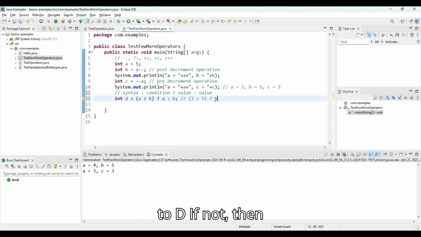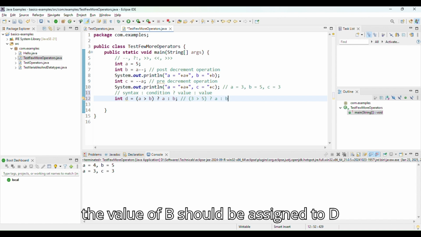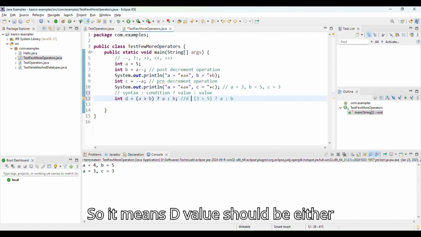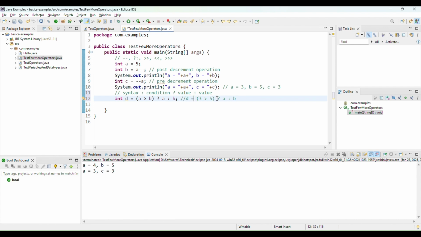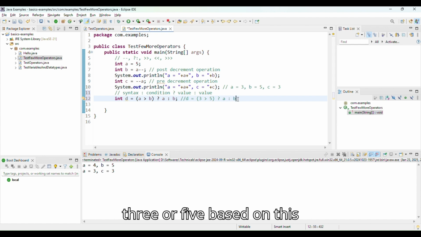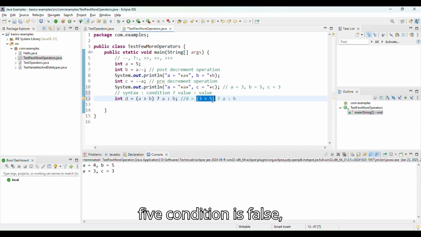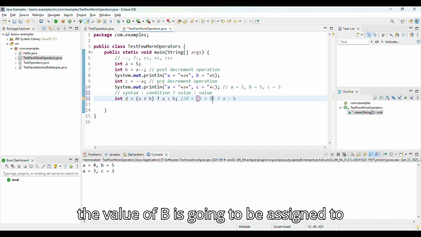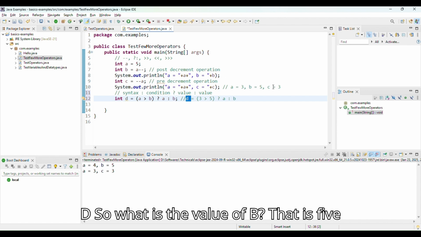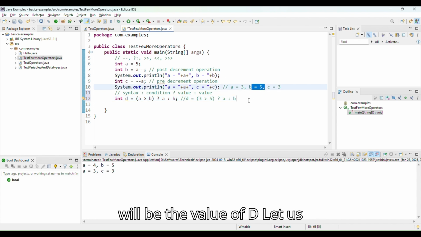If not, then the value of b should be assigned to d. So d value should be either 3 or 5 based on this condition. Because the condition 3 greater than 5 is false, the value of b is going to be assigned to d. So what is the value of b? That is 5, which will be the value of d.